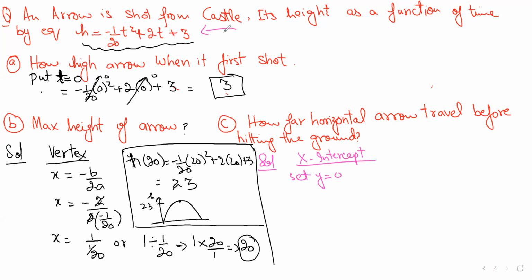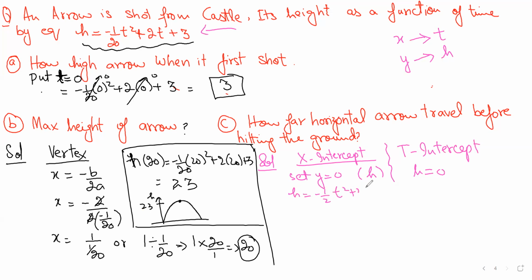In this equation, x is denoting t and y is representing h, so both mean the same. Or I can also write it as the t-intercept. So I'm going to put h equals 0 in the main equation, h equals negative 1/2 t squared plus 2t plus 3. So my whole equation will become equal to 0.